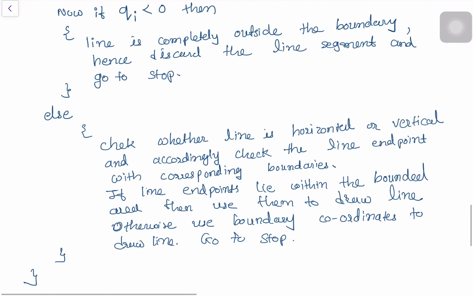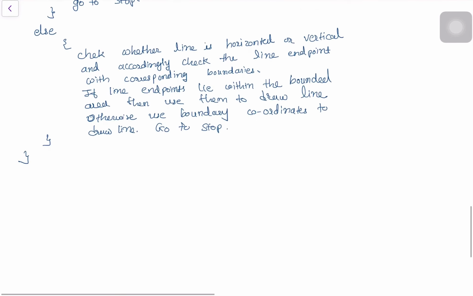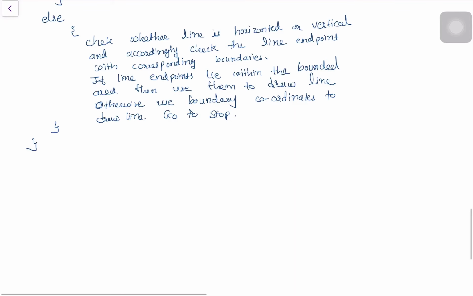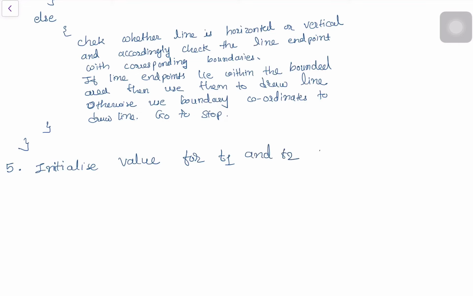And what is the fifth step of this algorithm? Step number 5: initialize the values for t1 and t2 as t1 equal to 0 and t2 equal to 1.